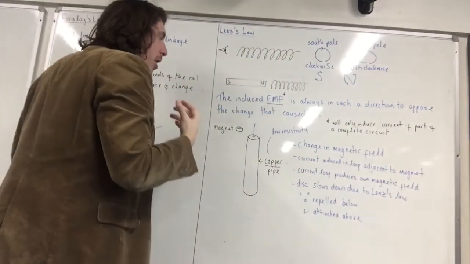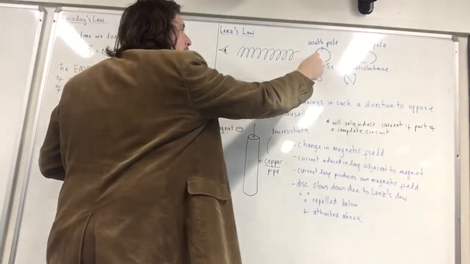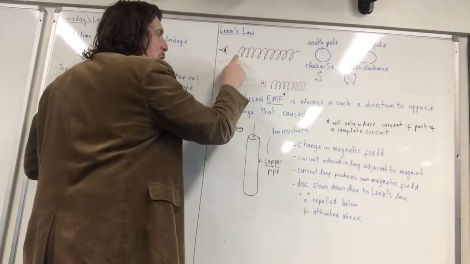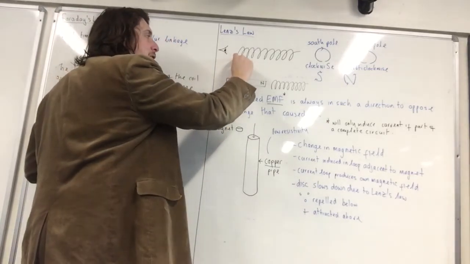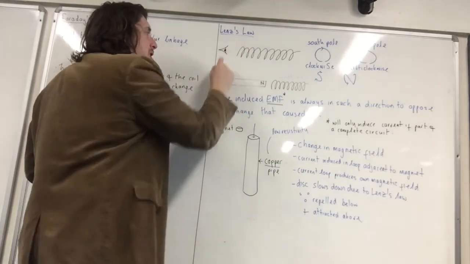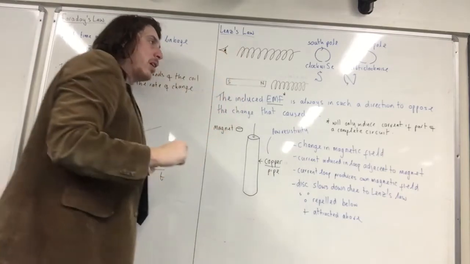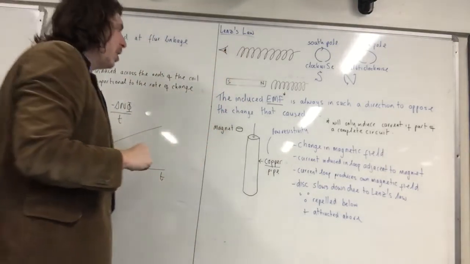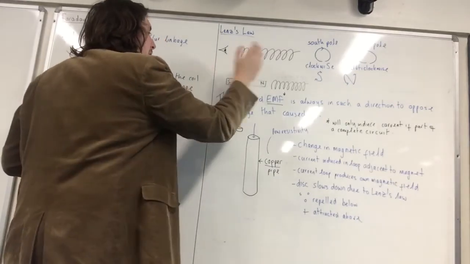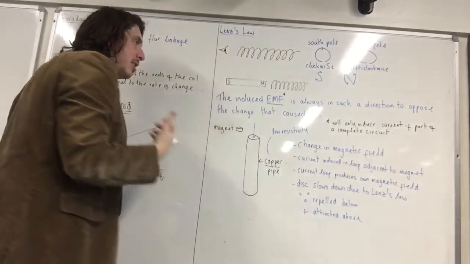If the current is flowing clockwise when you look down the end, that is the south pole. Alternatively, if you're looking down the end and the current is flowing anti-clockwise, that would be a north pole. So clockwise is the south pole, and anti-clockwise is the north pole.